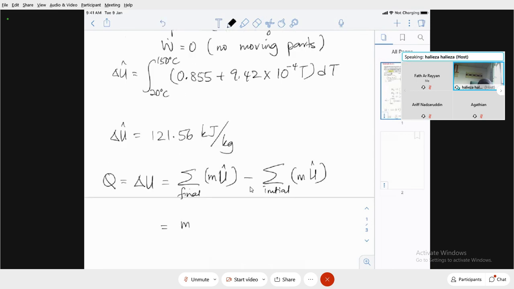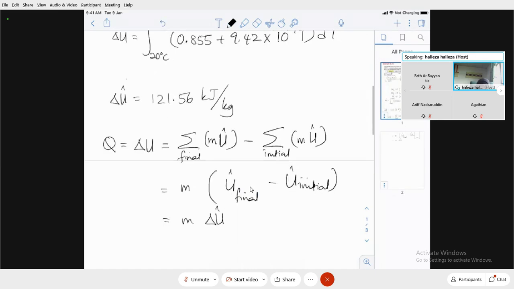Now you have U final minus U initial. You don't need the summation now because there's no multiplication. That will be final specific minus initial specific, and that is going to be m delta U specific, isn't it? This change is equal to delta U specific. And what is that? That's the value.